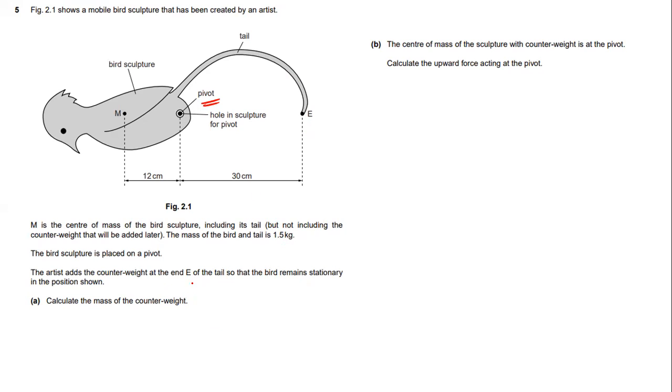Counterweight at end E, because this weight is much larger, it can fall down here because the entire mass is here. So he adds one more weight here. He puts a big weight here. Calculate the mass of the counterweight. What weight should he add so that it doesn't fall down?